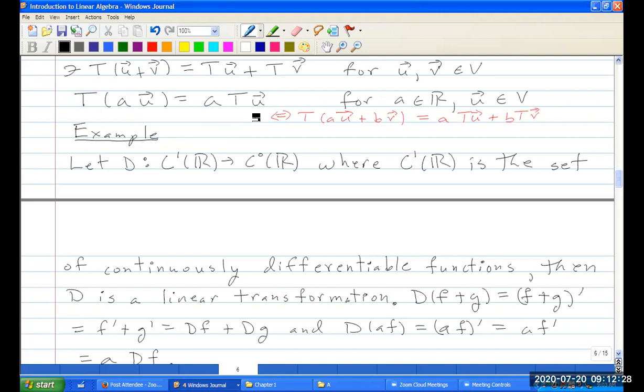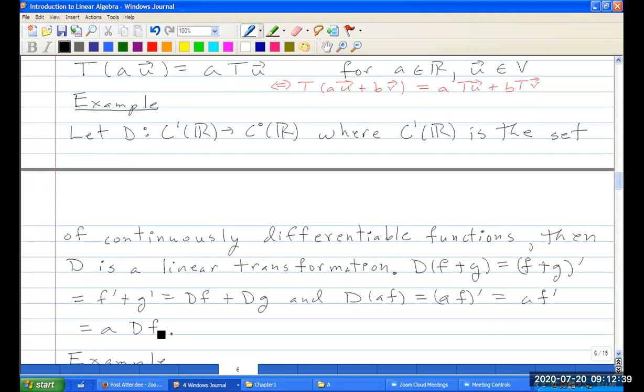This constant multiple rule says that this property of linear transformation holds for the derivative. And so this is equal to a Df. And so the derivative, actually it's called an operator, the derivative operator is a linear transformation.